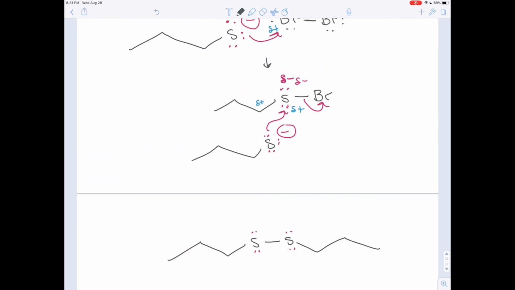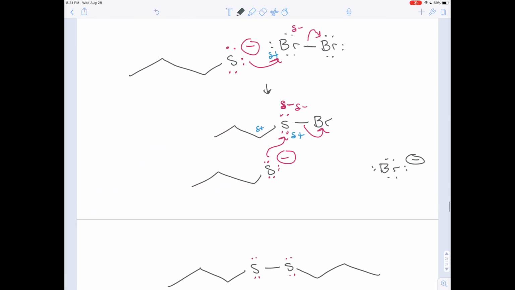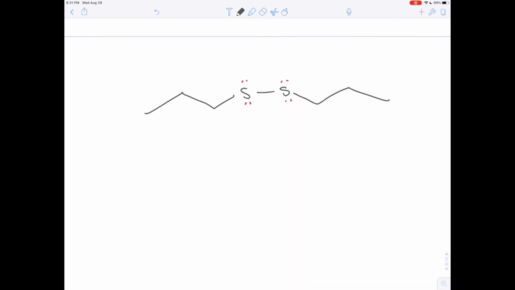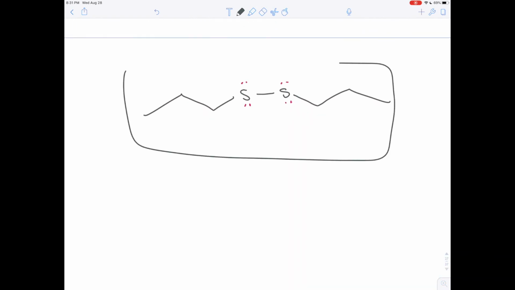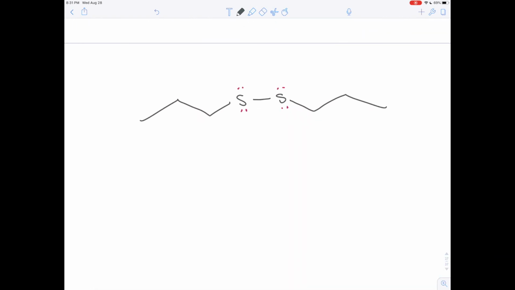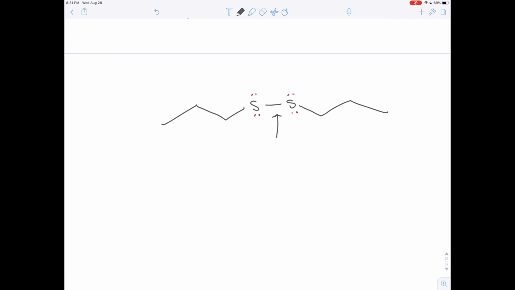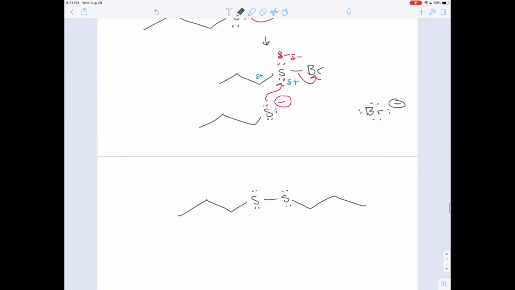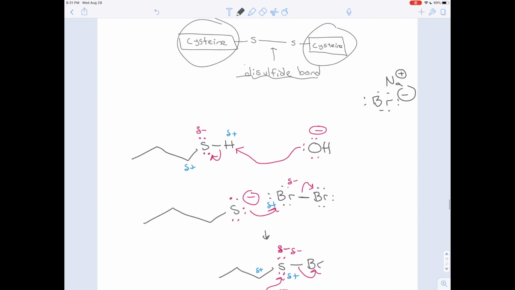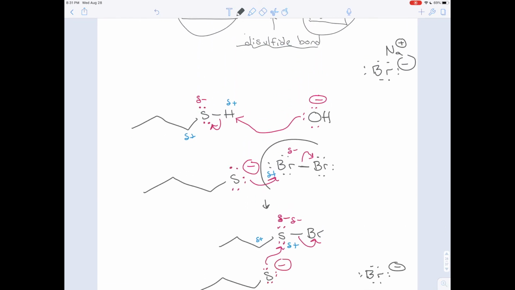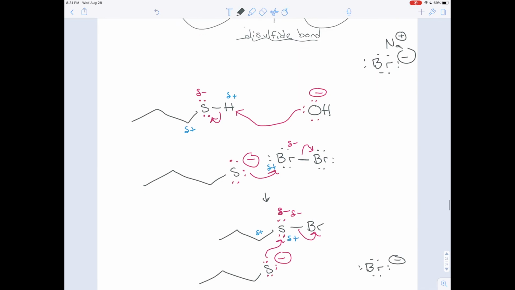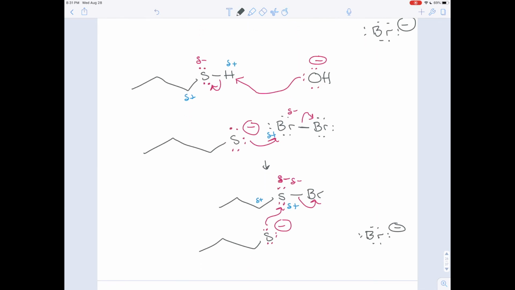And of course you've got the other bromine floating around. That does its own thing, not our concern. It's going to be tossed away with the sludge that we separate from this beautiful thing. And so we formed our disulfide bond. And the process, of course, in your body does not use sodium hydroxide and bromine, but the concept is the same.